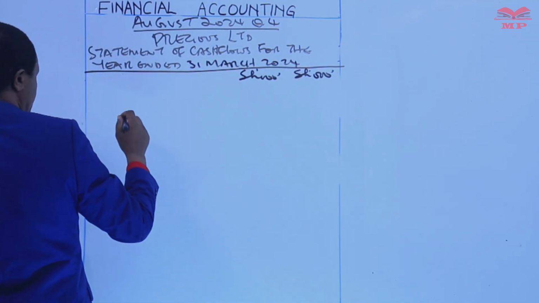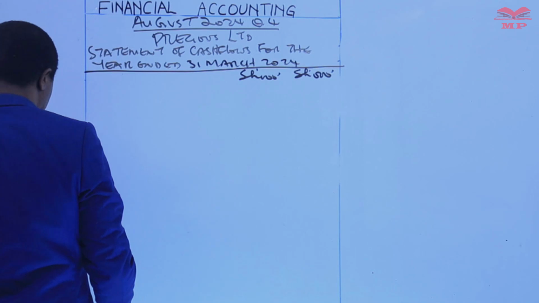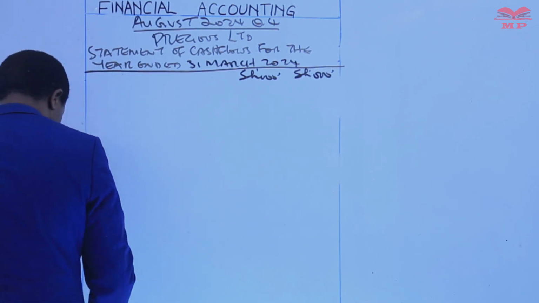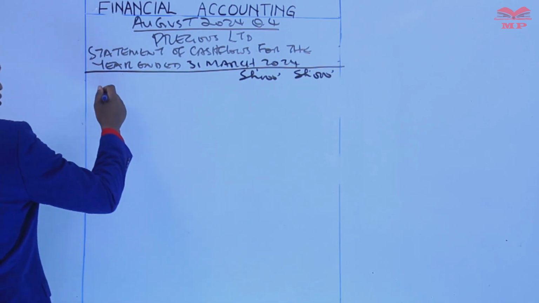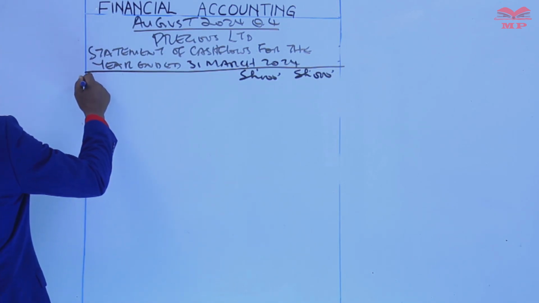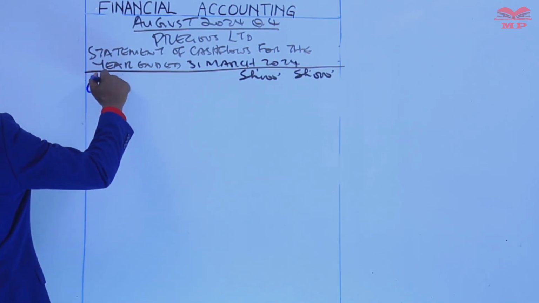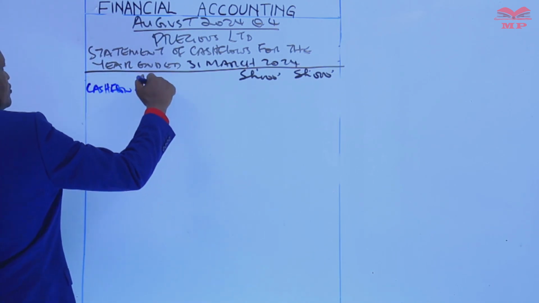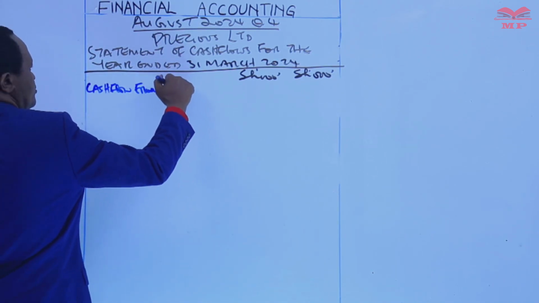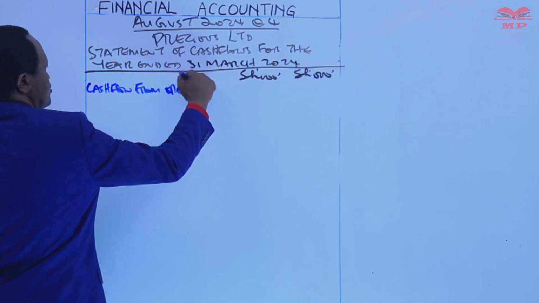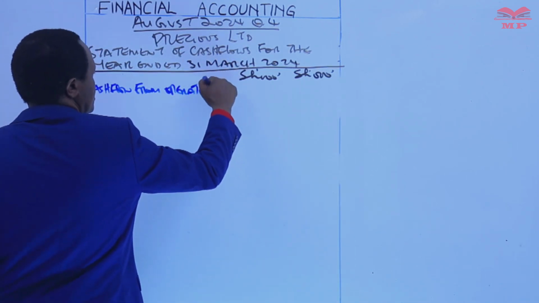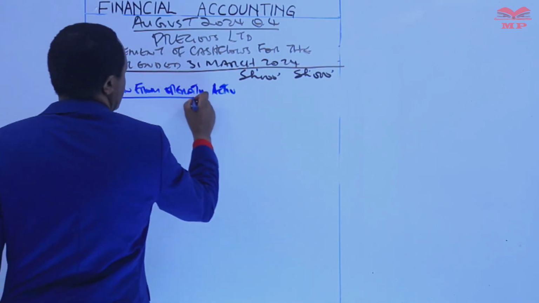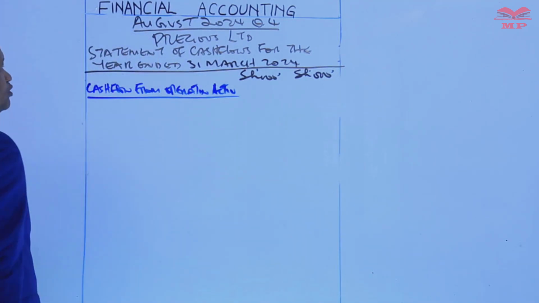So we're going to begin with cash flow from operating activities, and we're going to use the indirect method. Cash flow from operating activities.